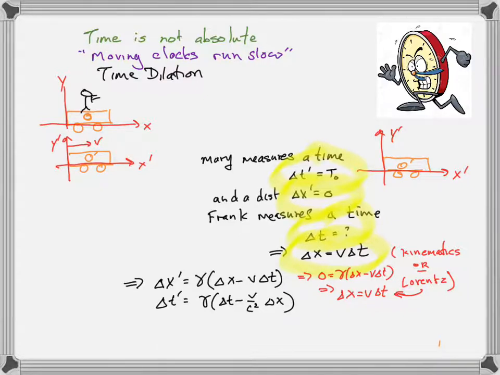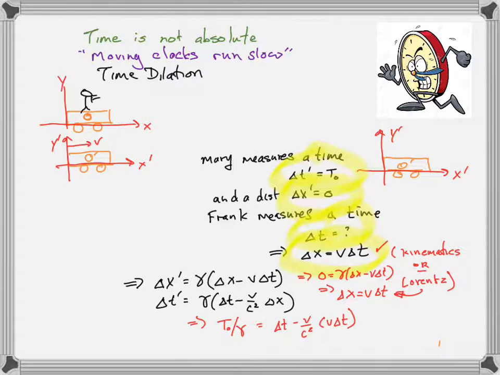Okay. So what about the second Lorentz transformation equation? That's going to allow us to relate delta t prime to delta t. So we can go ahead and plug in what's known, right? Delta t prime is t0. And so what I've done is just divide both sides by gamma and plug in delta x, because that's also known as v delta t, right?